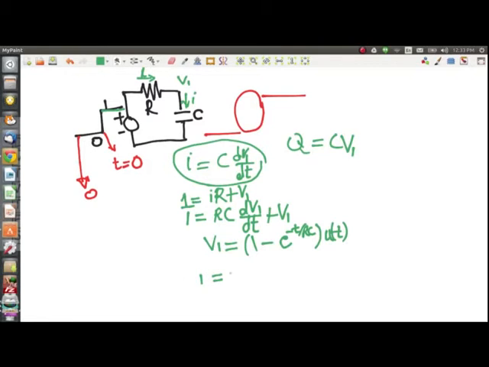So 1 becomes equal to RC divided by this RC, and there's also a minus, so the minus cancels, so e power minus t by RC, plus 1 minus e power minus t by RC.